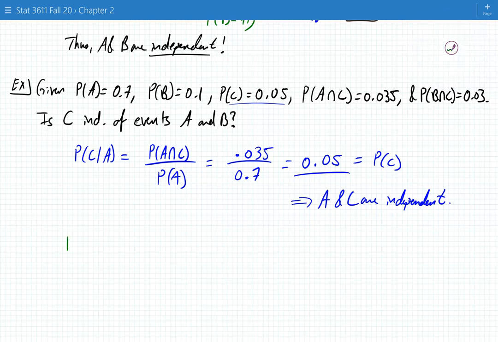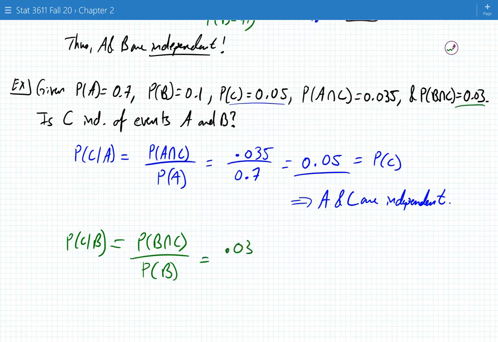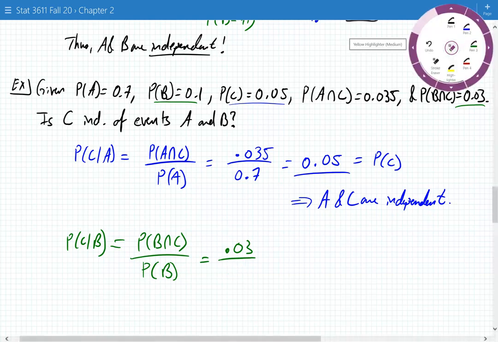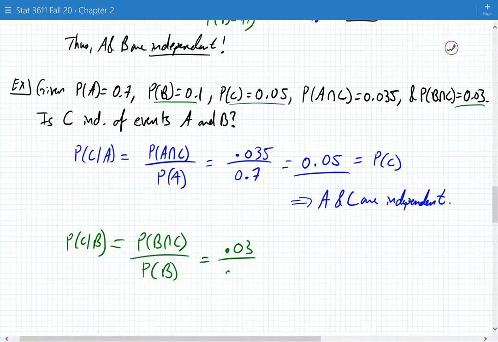Let's take a look. The probability of C given B is the probability of the intersection divided by the probability of the given. This intersection is 0.03 now, divided by the probability of B, which is 0.1.